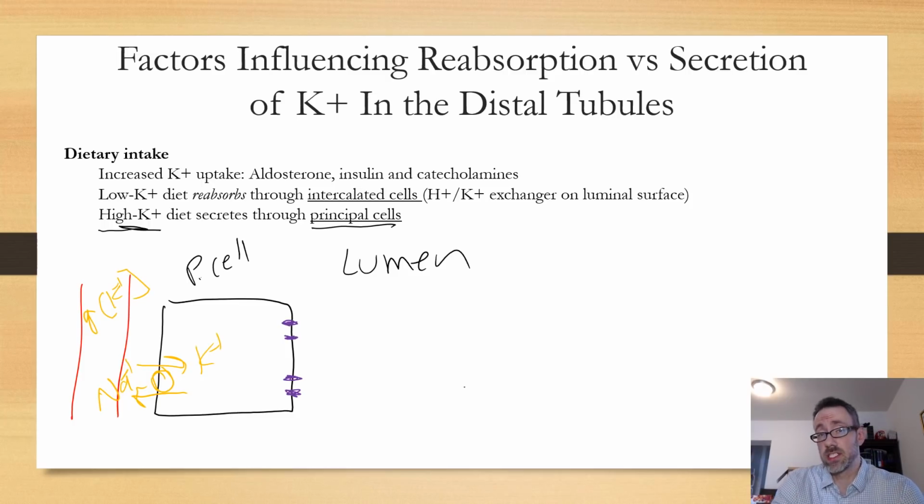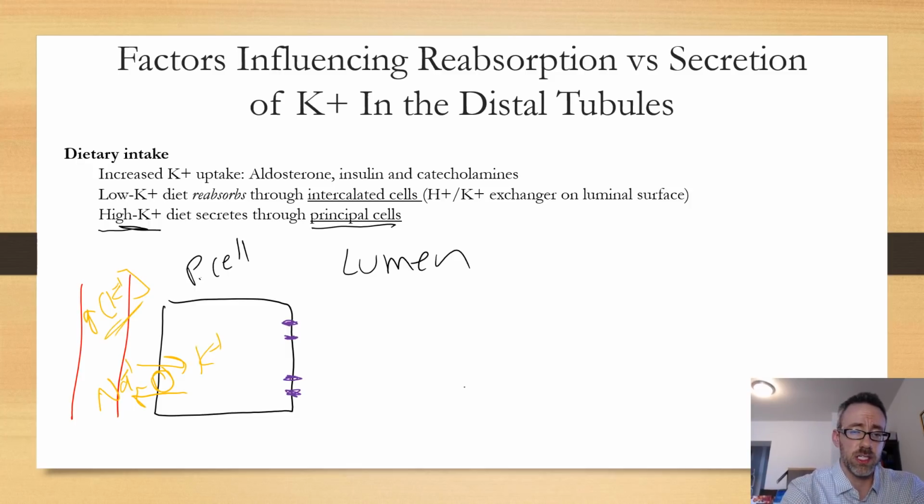The same percentage is going to get reabsorbed regardless in the proximal convoluted tubule and the loop of Henle. But here in the late areas of the nephron, these cells can have more of an impact in making sure we can offload more of that potassium if needed.